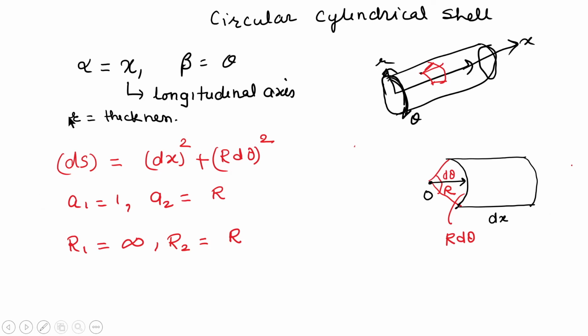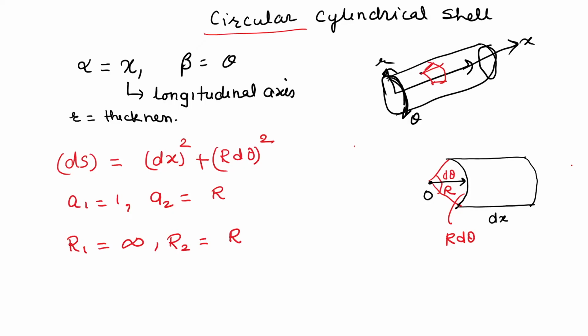The next most important thing I would like to say is that circular plate and rectangular plate are the easy ones that we can derive, but definitely in the cylindrical coordinate system, the circular cylindrical shell. Why have I written circular cylindrical shell?